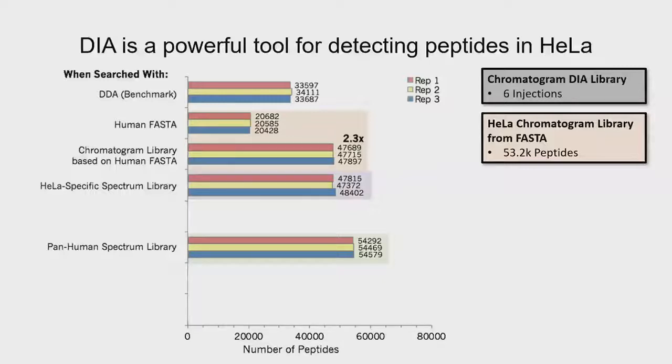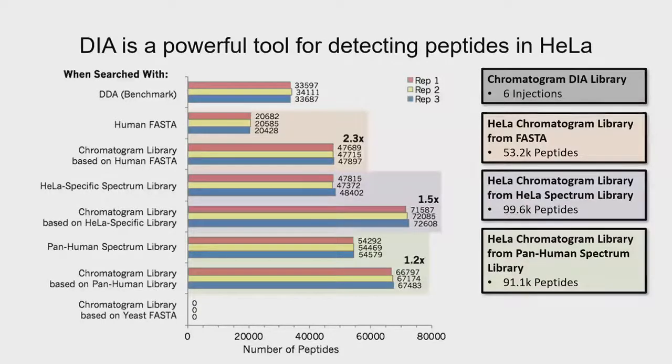Of course, this required hundreds of injections. This required still 30 injections, but this required just 6 injections, right? So we just took 6 injections, took the FASTA file from those 6 injections, found 53,000 peptides, and we're able to show that 47,000 of those were able to map over to the wide window data.